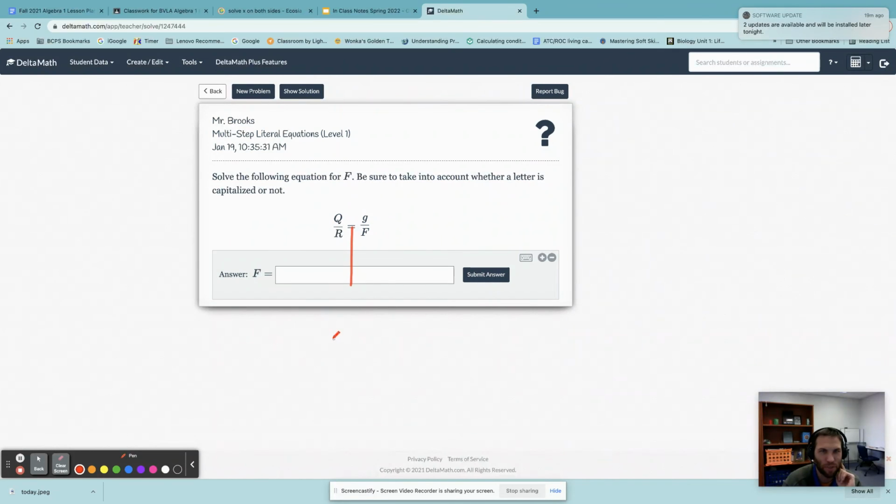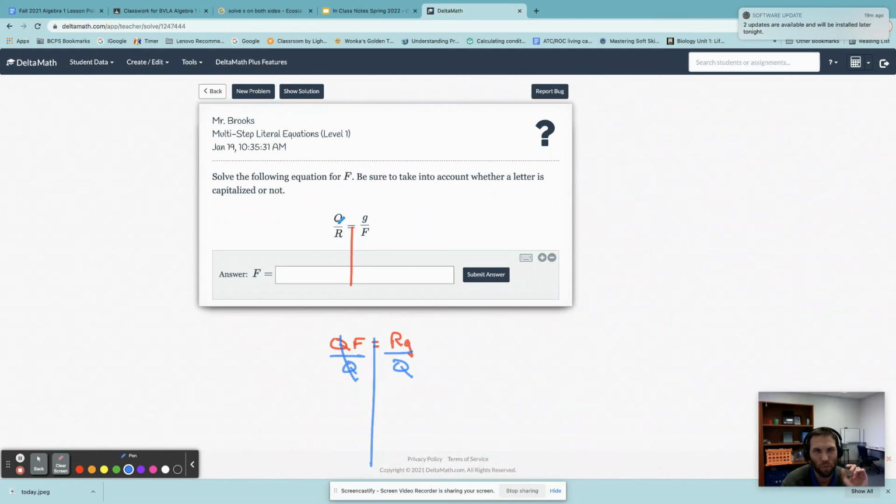So Q times F is equal to R times G. I'm solving for F, so I need to divide by Q. So it's RG divided by Q.